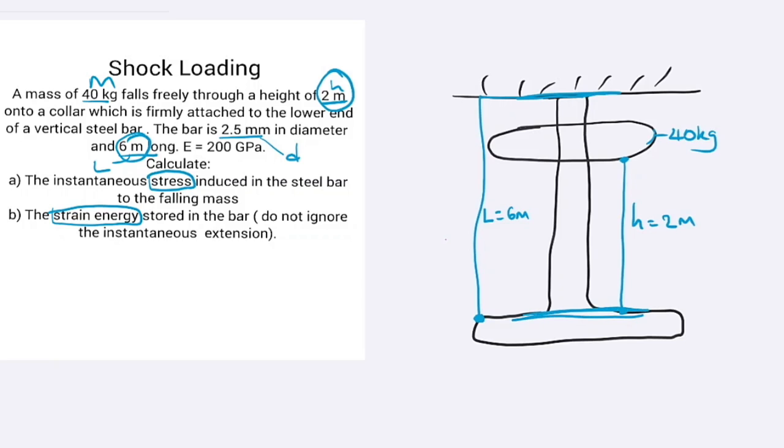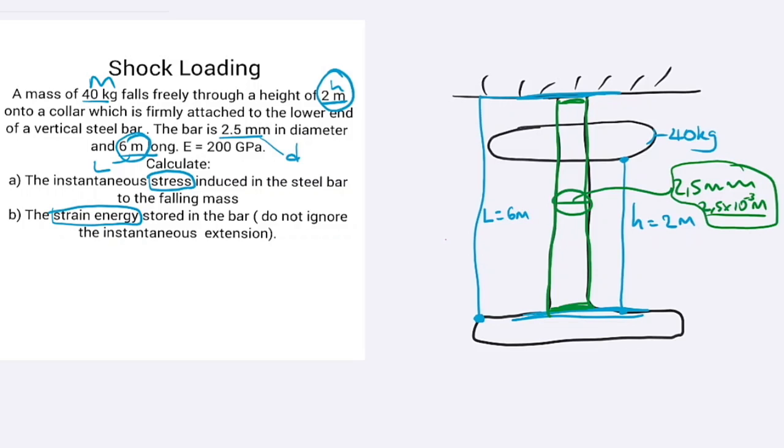Then this bar is the same from top till the bottom. This has got a diameter. That diameter is 2.5 millimeters. Then 2.5 millimeters is 2.5 times 10 to exponent negative 3 meter.